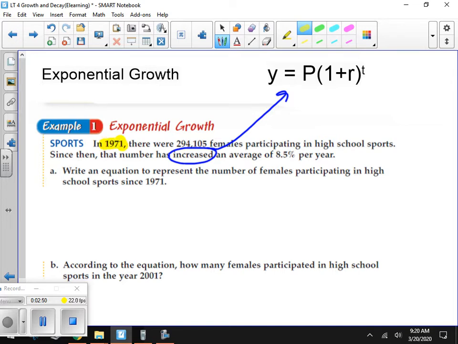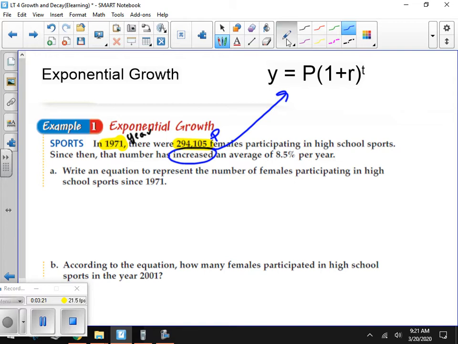Okay, so you might want to write that down and say the year by it, so you remember that's a year. And then we have 294,105 females. That's the amount of females I'm starting with, so that's going to be my P. It's my initial amount. So write that down and put a P by it or put initial amount by it.